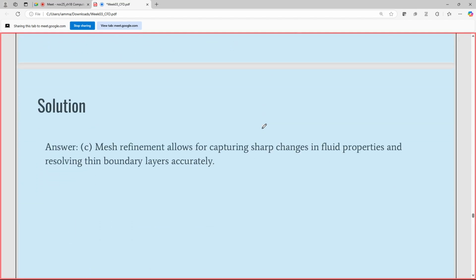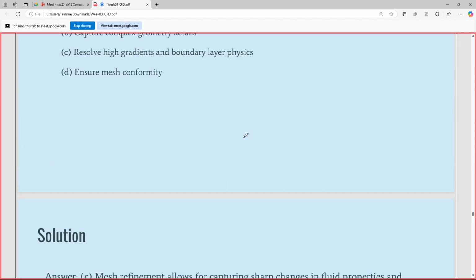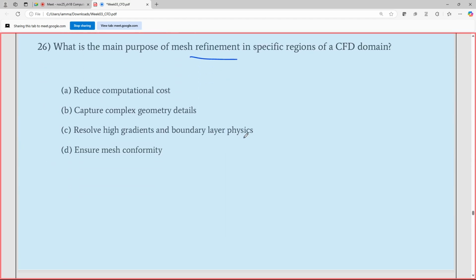Answer is option C. If you remember, we have discussed types of mesh in one of the previous problems, where a solid geometry is there and a fluid region is also there.